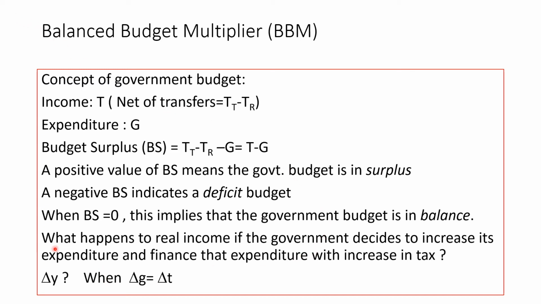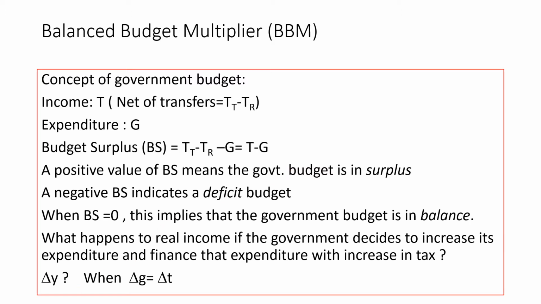Now the question we are interested in, the question we were asking is, what happens to real income if the government decides to increase its expenditure and that increased expenditure is actually financed by an increase in tax? So basically we are interested to know, if delta G is equal to delta T, then what will happen to delta Y?